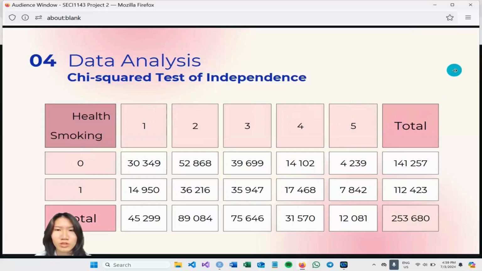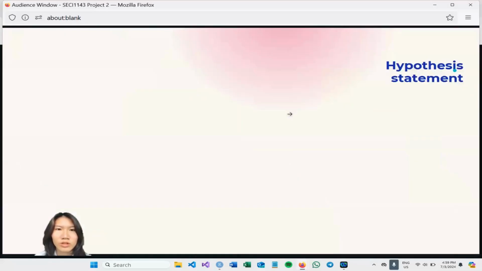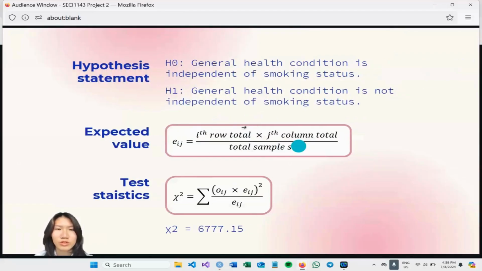And then this table is important for us to calculate the expected value. So we start with the hypothesis statement first. For the null hypothesis, we have the general health condition is independent of smoking status, meaning there's no relationship between these two, while the alternative statement is the general health condition is not independent of smoking status.